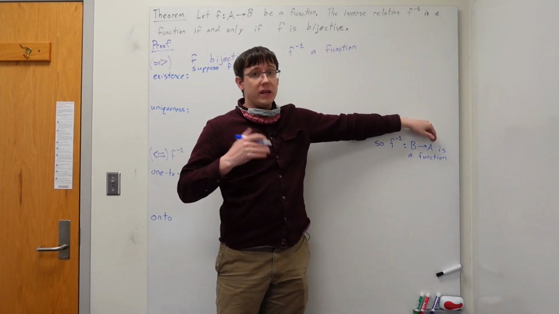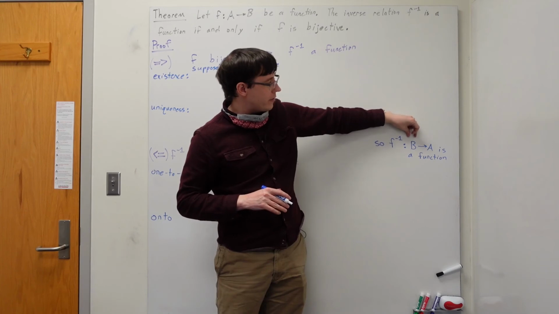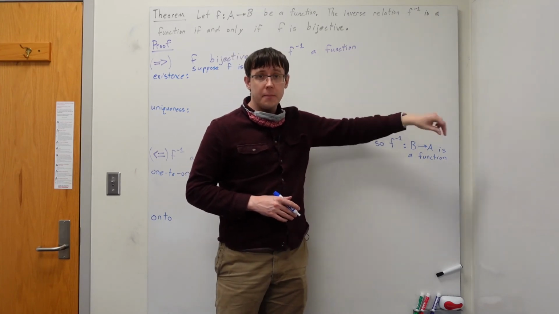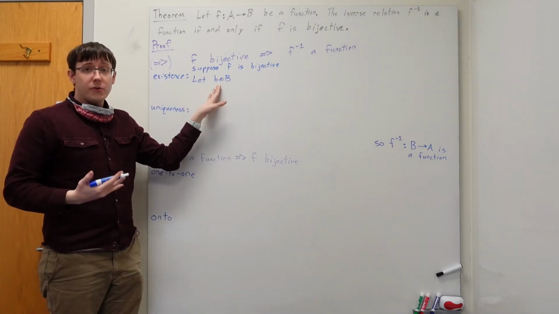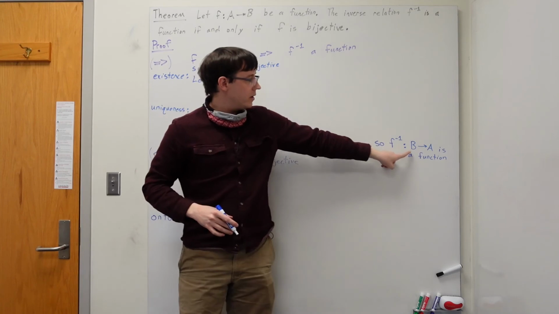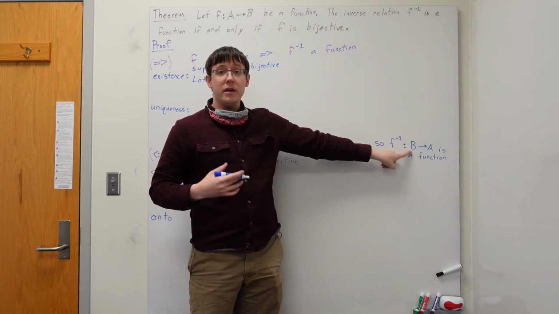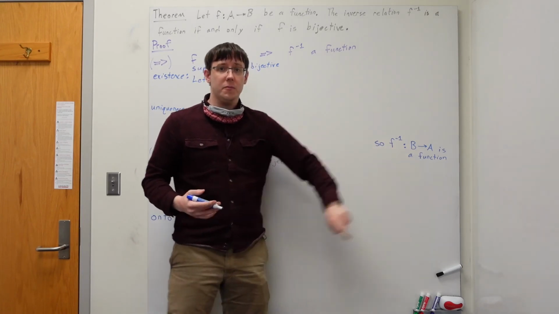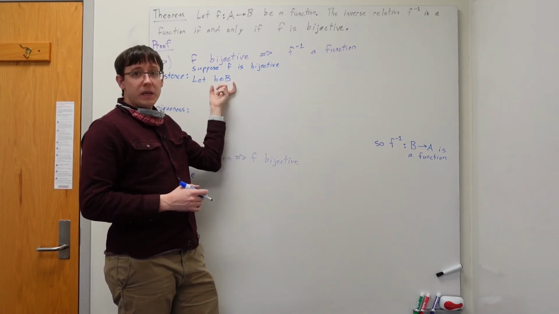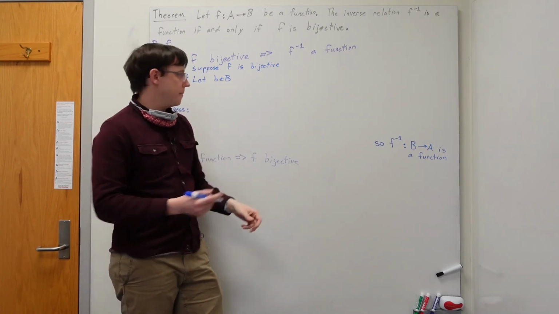And so to show existence, we want to show that for every element of b, it maps to something. And so for a direct proof, we can hypothesize that we have some element of the domain of f inverse, and we want to conclude that f inverse maps b to some element of a.